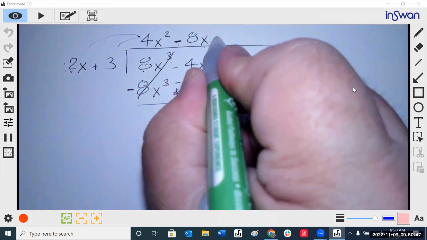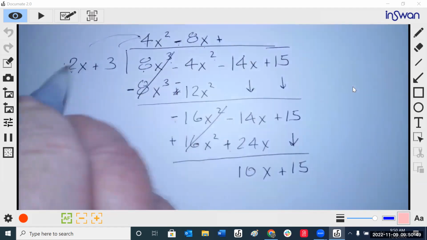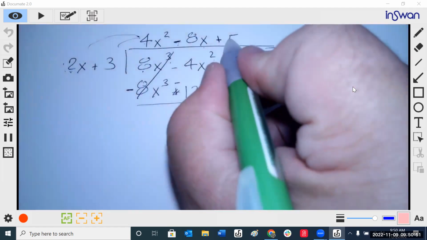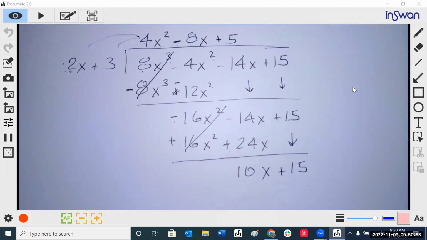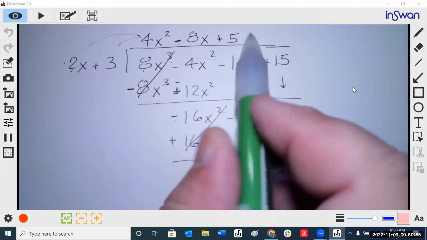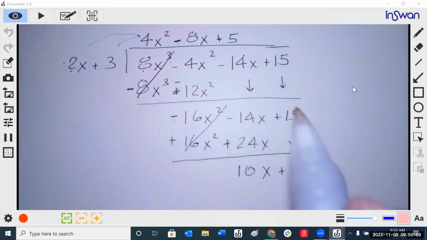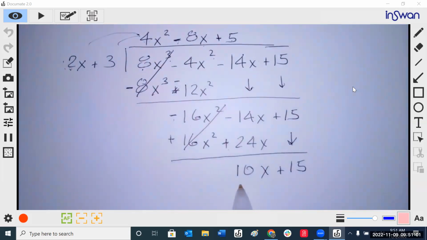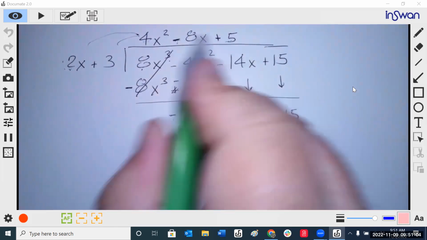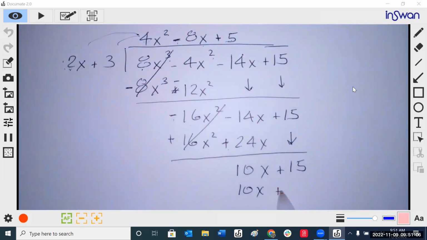Positive, positive is a positive. 2 times 5 is 10, so we need a 5. We don't need any x's, we can't have any x's because the last term is a constant term. 5 times 2 is 10x. 5 times 3 is 15.